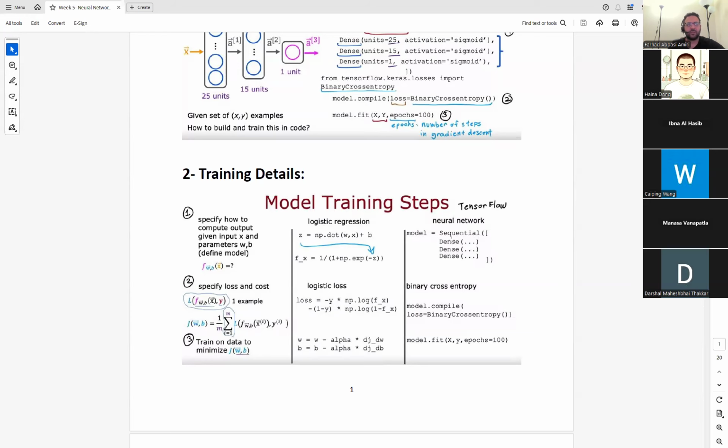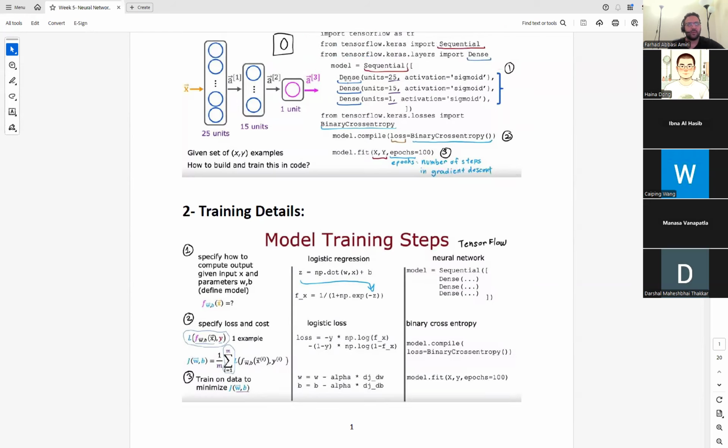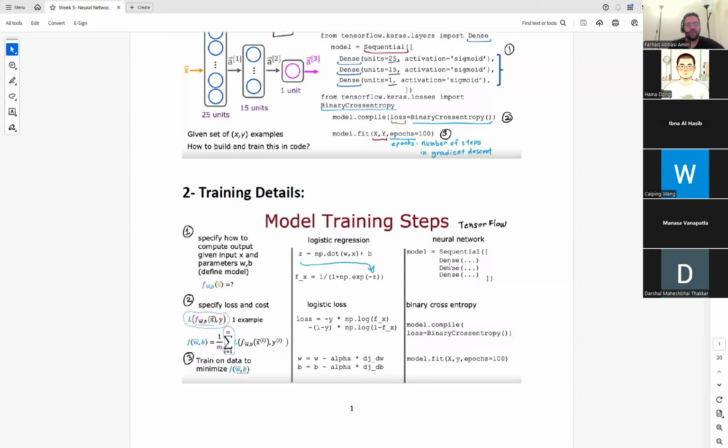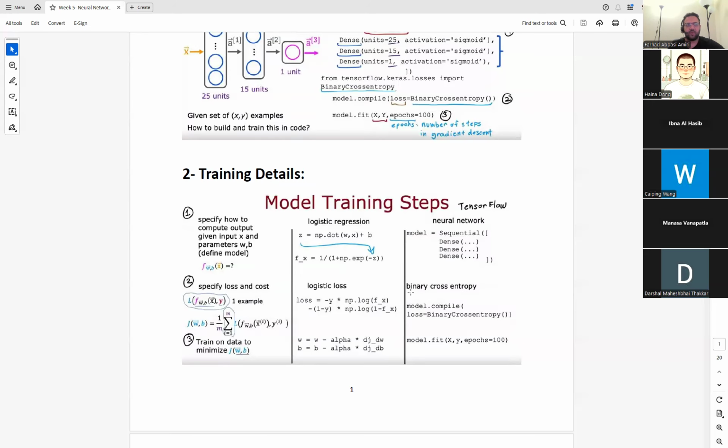We string together these three layers, like here on the top: two hidden layers and one output layer. This is my neural network model. And for binary classification, we use binary cross entropy as the loss function. So we compile our model using the loss equal to binary cross entropy.